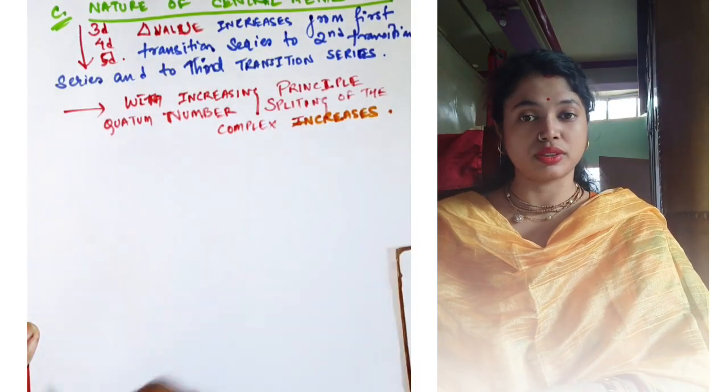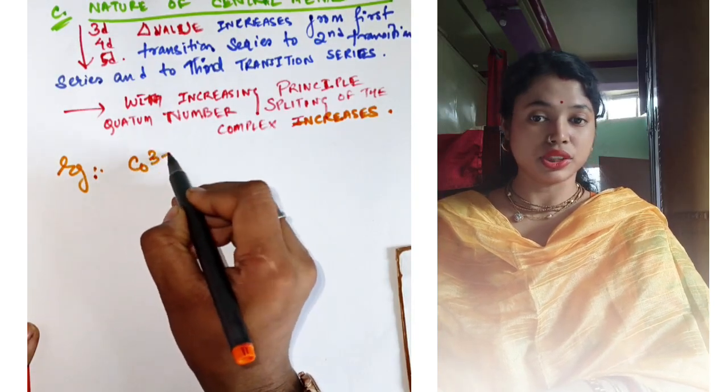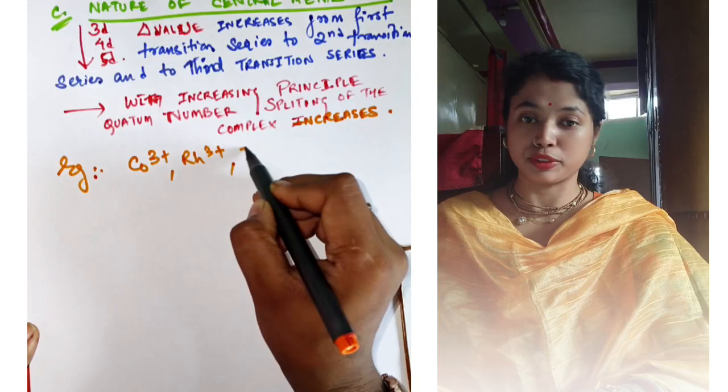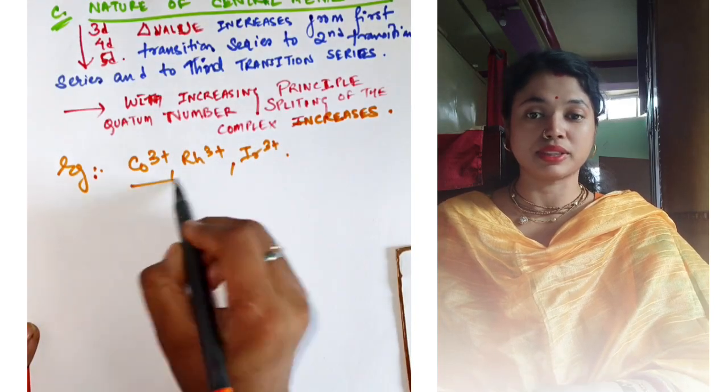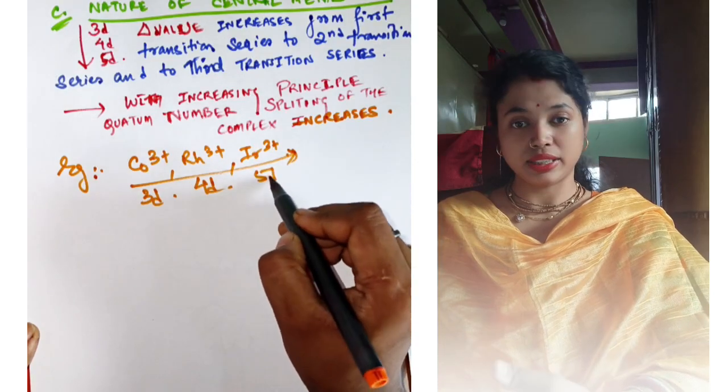Okay, so why so? For example, we will take the example of cobalt 3+, rhodium 3+, and iridium 3+. These belong to your 3d series, this belongs to your 4d series, and this belongs to your 5d series.